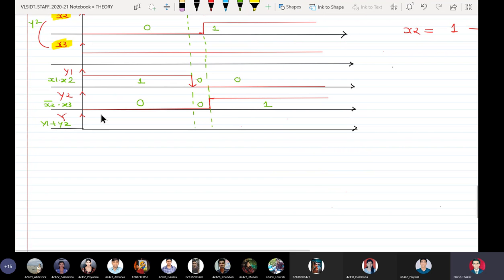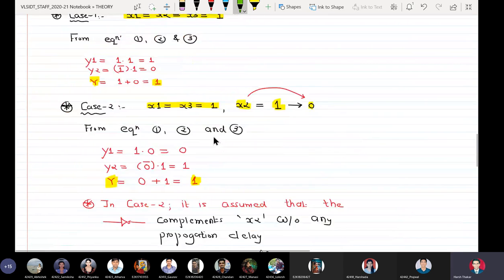So now we see here 1, again 1, and here there's a hazard now, 1, 0, 1. So 1, 0, 1 represents a static 1 hazard in this circuit.